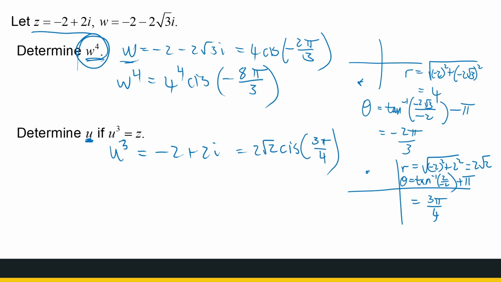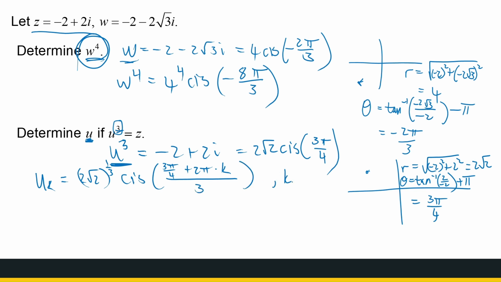All right. Now, to get to all my roots, I will have 3 roots. They will look like this. uk is equal to 2 root 2 to the power 1 over 3. That comes from the exponent. Cis. I've got 3 pi over 4 plus 2 pi times k divided by the exponent, which is 3. And my values of k are 0, 1, and 2.